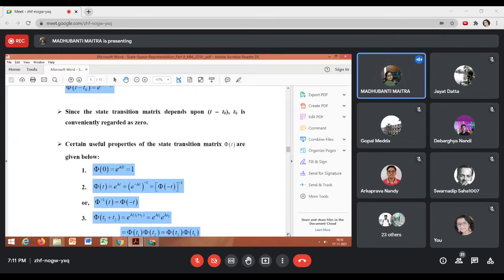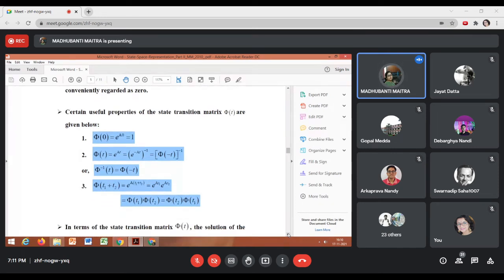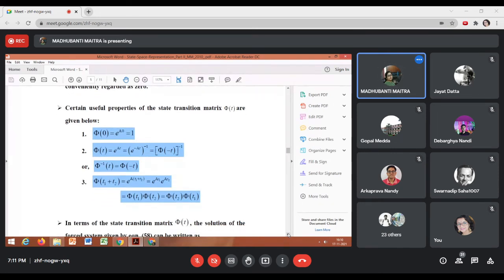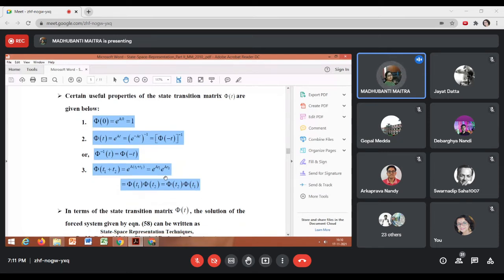Now, certain useful properties. I'm not explaining, I'm showing you the properties. These are pretty simple. You can just verify all these properties. I'll send you the material. So Φ(0), that means t is equal to 0, will be equal to e^(A·0), so it will be identity. Φ(t) equal to e^(At) will be equal to e^(-At) to the power minus 1, so Φ(-t) to the power minus 1.